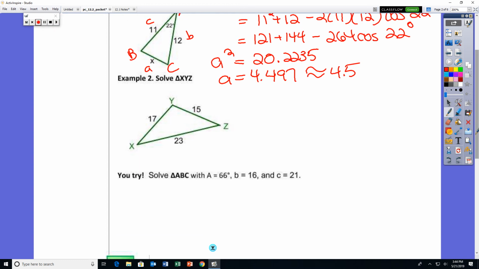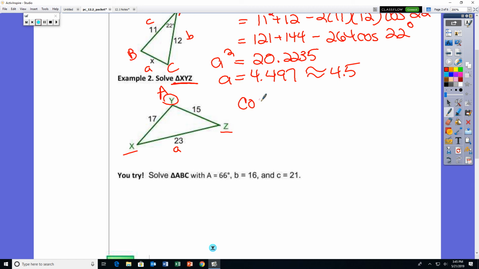For the second example, it just says to solve triangle XYZ. Solving it means I need to find out what all three angles are. They gave me the three sides, but I need to find the three angles. So I'm going to treat this the way I did before. Think about if this was A, that'd be little a. I know it's z and x and y, but it still works in the same manner.